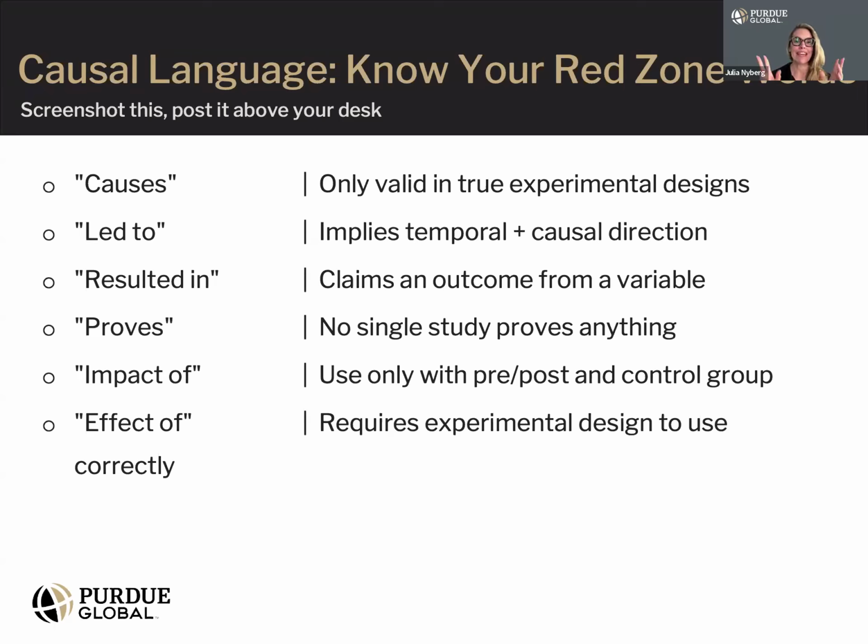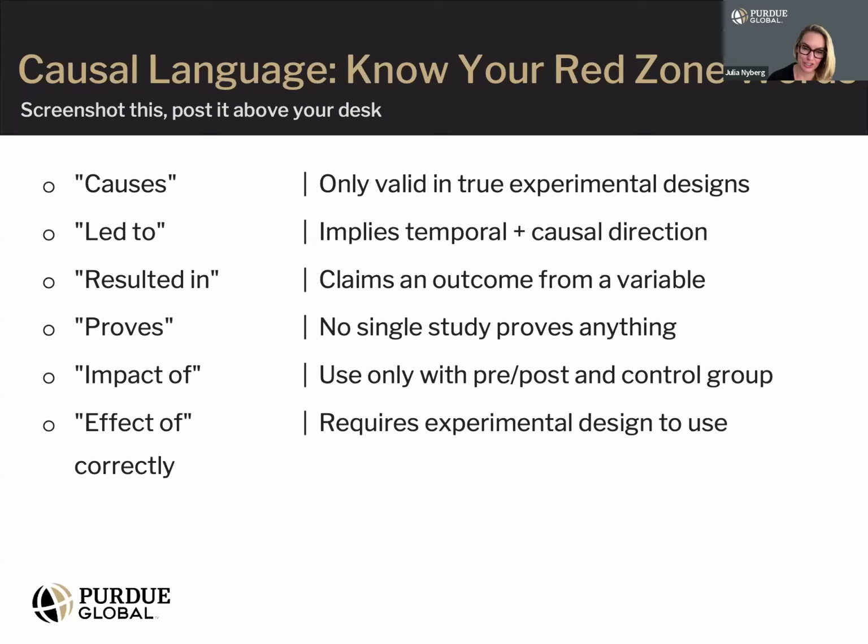Next up, impact of. Yeah, this one's subtle. And this is actually one I catch a lot. It sounds academic, it sounds formal, but it carries a causal connotation. Instead, use relationship between or association between. Next up, effect of. Technically, this belongs in experimental language. Effect size in statistics is very different.